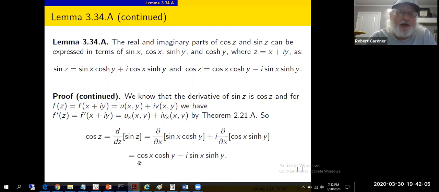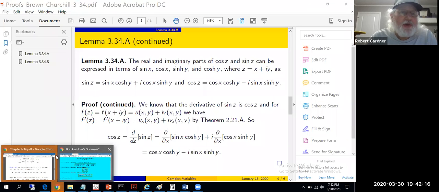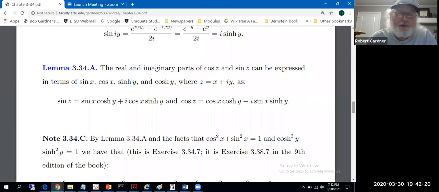And we get the cosine of z expressed in this form, and that was the claim about cosine z. So maybe you're not very enamored with hyperbolic trig functions, but they do pop up. Here's, I think, a natural way they pop up in terms of real and imaginary parts of sines and cosines in the complex realm.